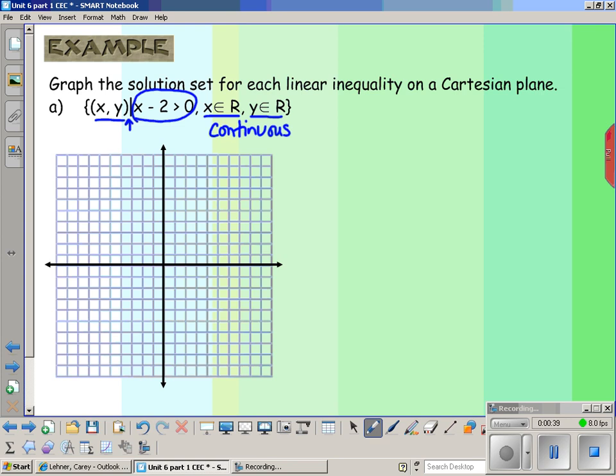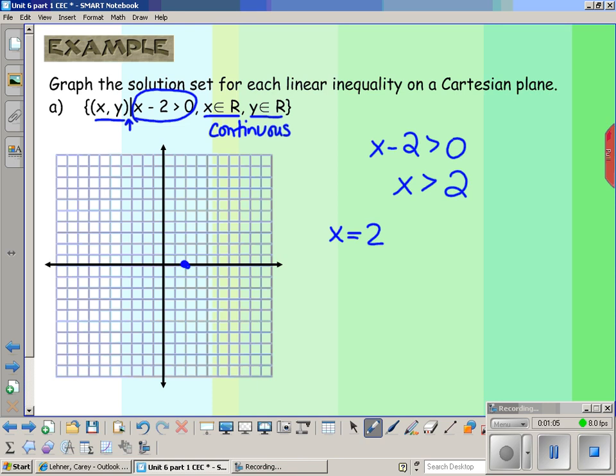Ultimately, what we have here is x minus 2 greater than 0, and we want to graph this. So we solve for x. We are looking for the graph of the line x is greater than 2. If we go back to what the equality would be, this would be saying we have an x-intercept of 2.